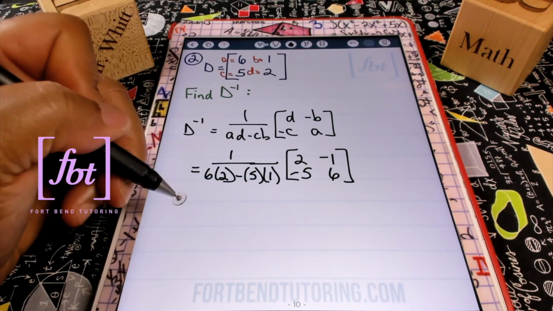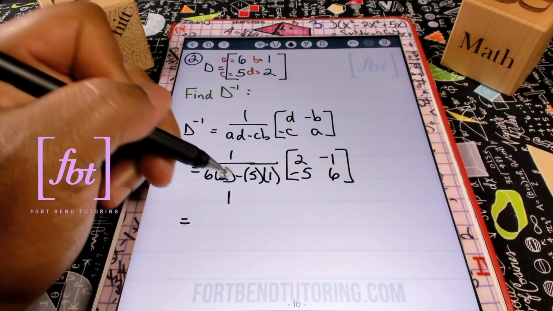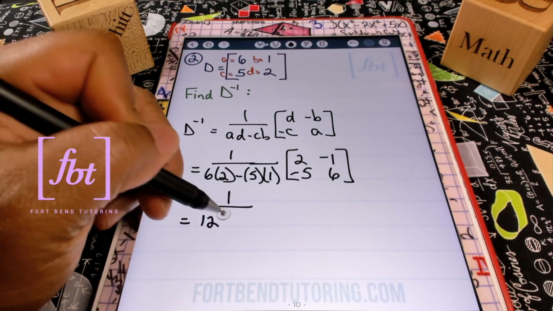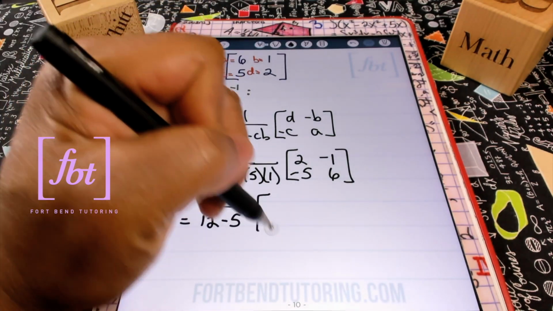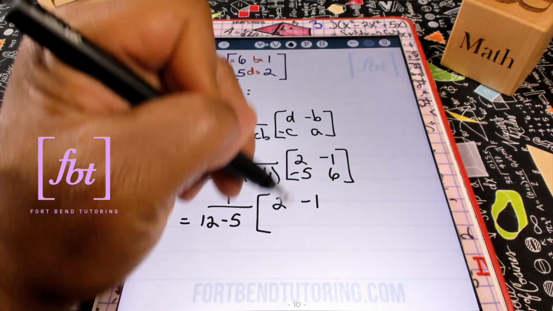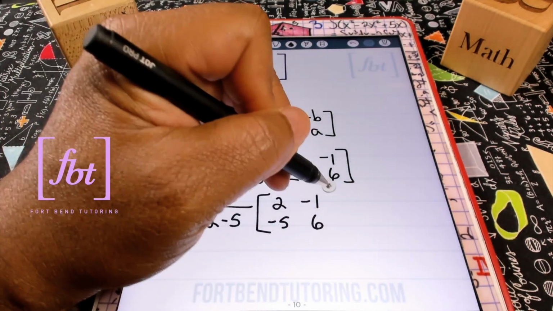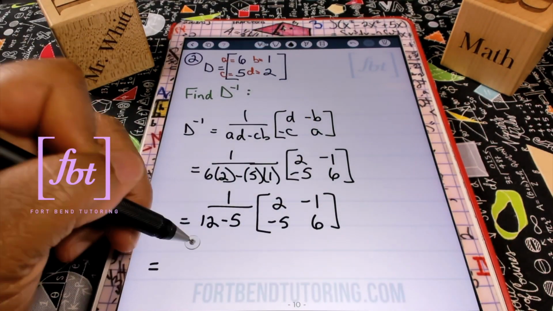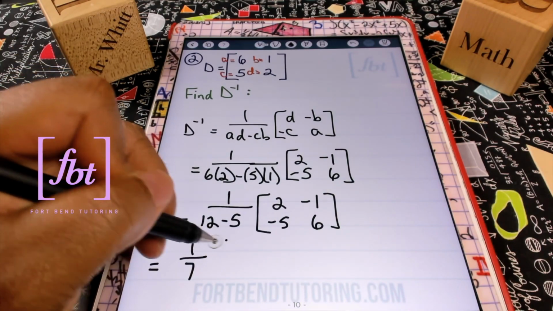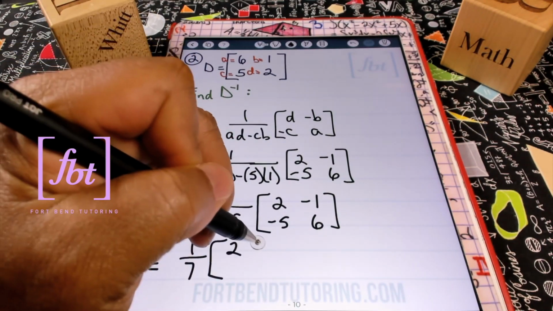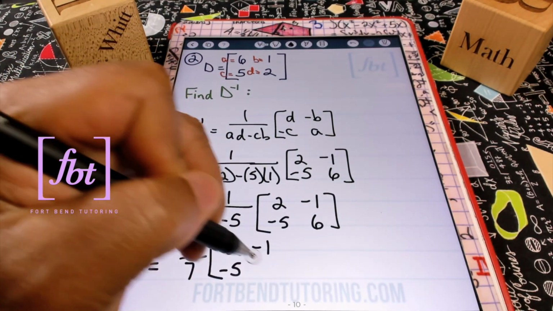The next thing you'll want to do is simplify. So this is equivalent to 1 divided by 12 minus 5 times our matrix 2, negative 1, negative 5, and 6. Simplifying, you'll have 1/7 as the scalar times the matrix 2, negative 1, negative 5, and 6.